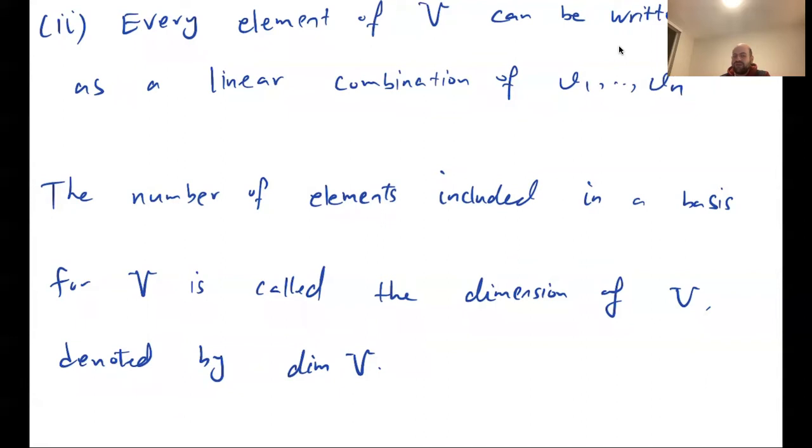It's not possible to have two different bases with different numbers of elements. So that's why the dimension of the vector space is well defined in this sense: if you have two different bases, they have the same number of elements. The number of elements in any basis is called the dimension of that vector space.